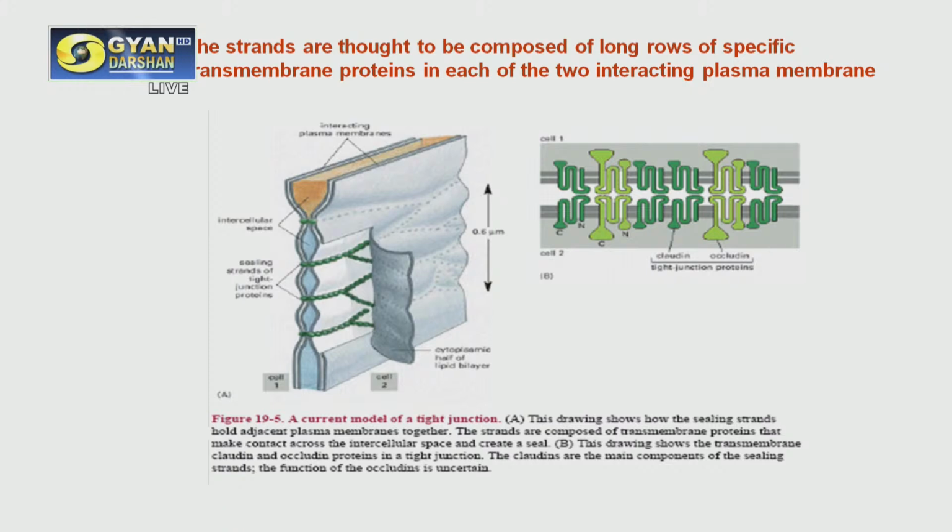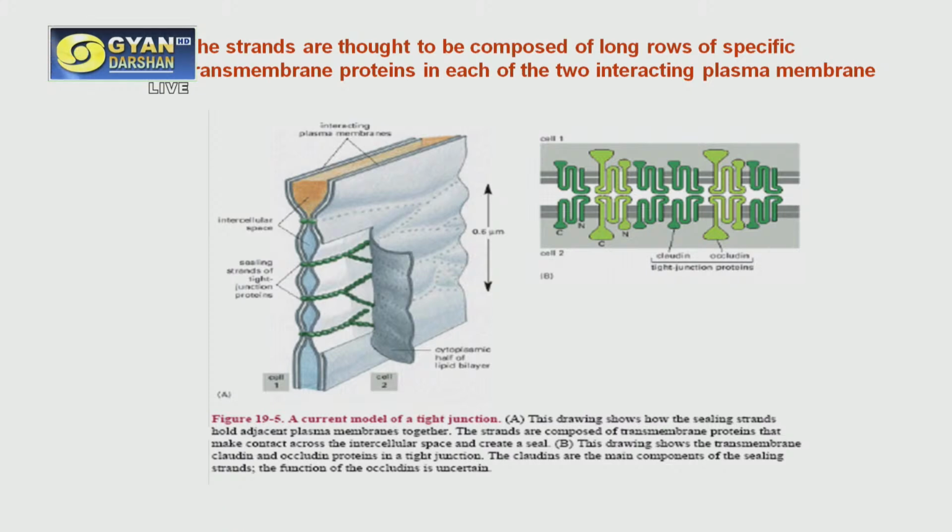Just as you fasten something with a chain, similarly here the two surfaces of the cells are fastened or tightened together by chain-like structures marked in green. So this is how the tight junctions are organized or arranged, and thereby they seal the cells.